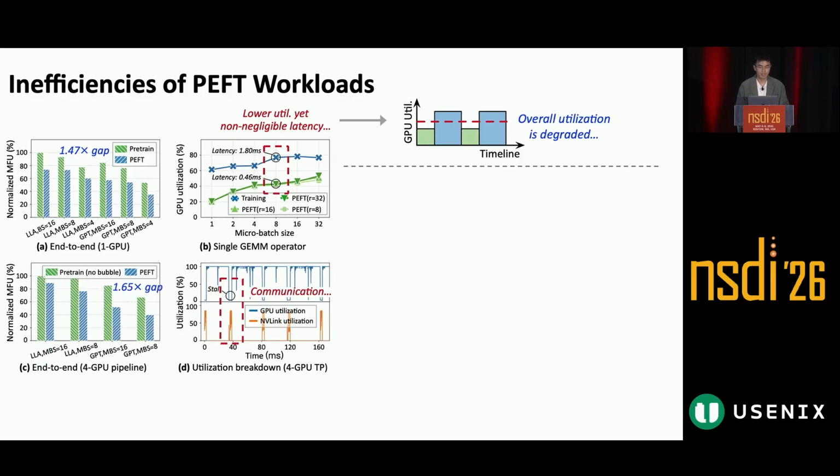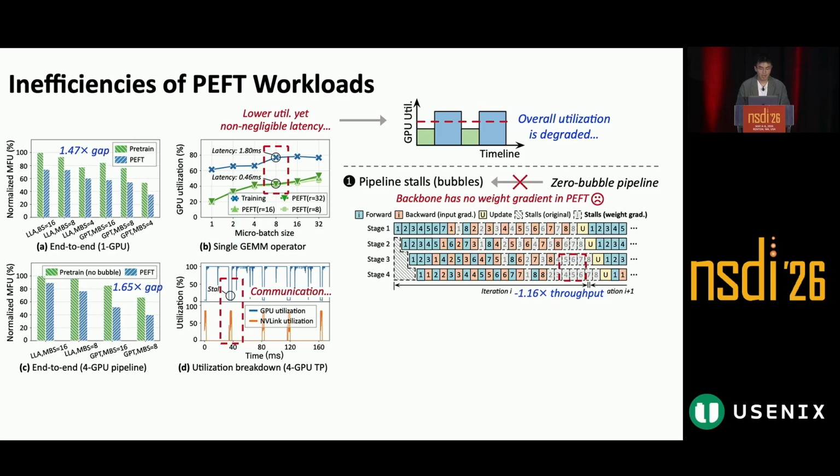And the problem gets even worse in multi-GPU setups due to the increased stage latencies and device stalls. For pipeline parallelism, PEFT cannot use the technique of zero-bubble pipeline because it has no weight gradient computation for the frozen backbone. Therefore, we cannot split the backward pass into input and weight gradients for fine-grained scheduling.